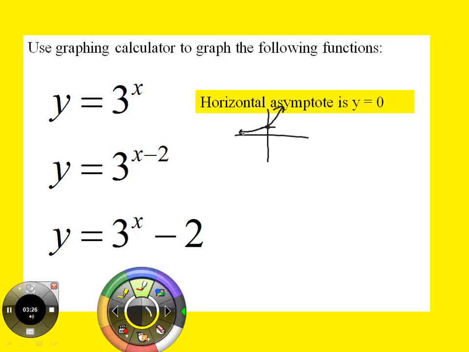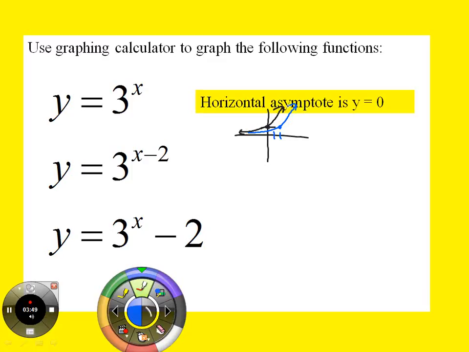Then if we did the next graph, y equals 3 raised to the x minus 2, that would shift the graph 2 units to the right. It would look very similar, but just shifted 2 units to the right. So it should have a point there.